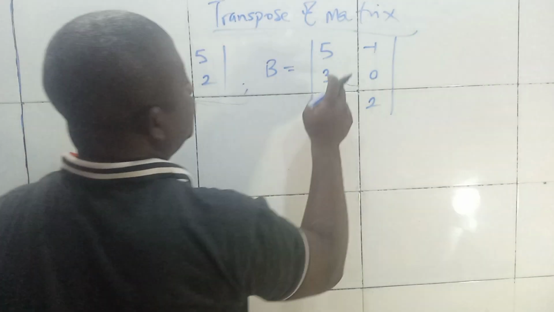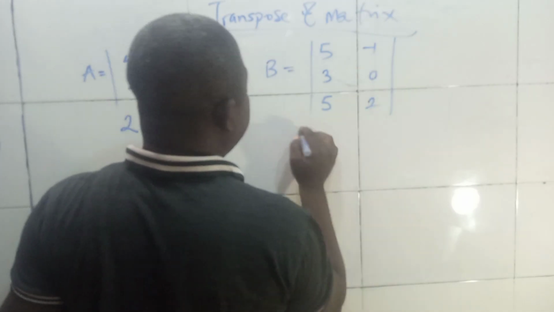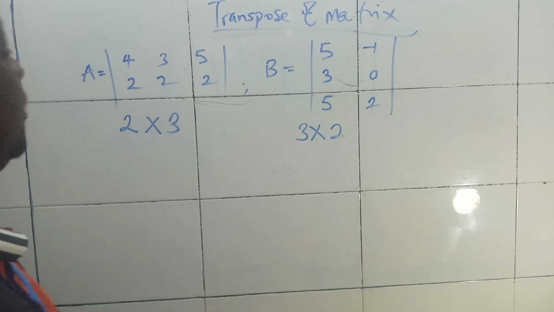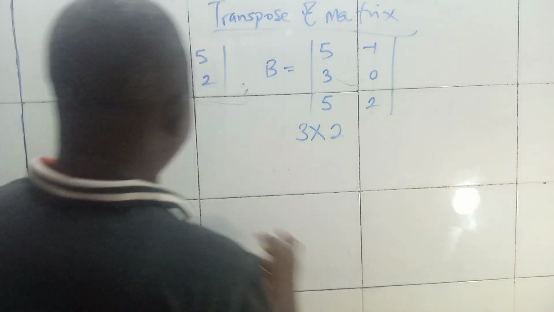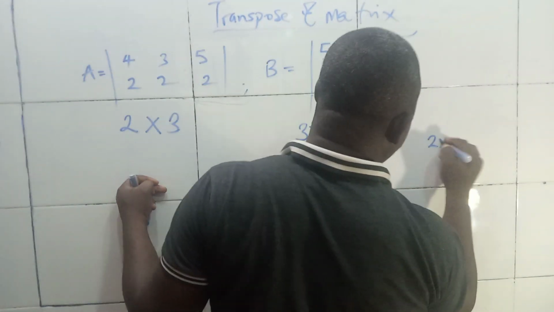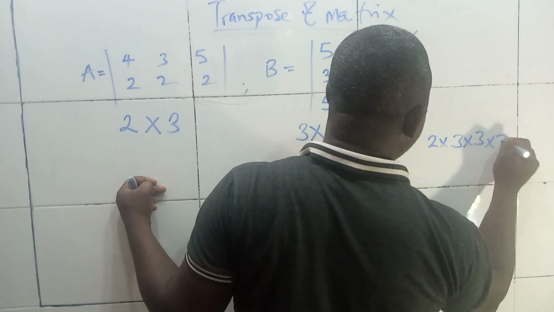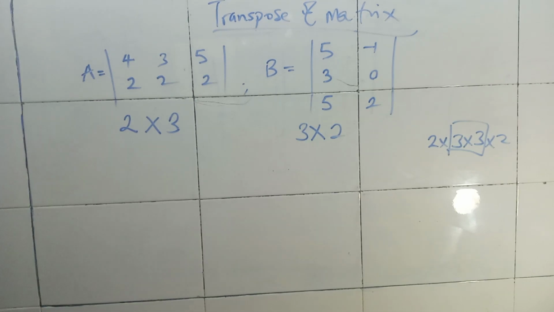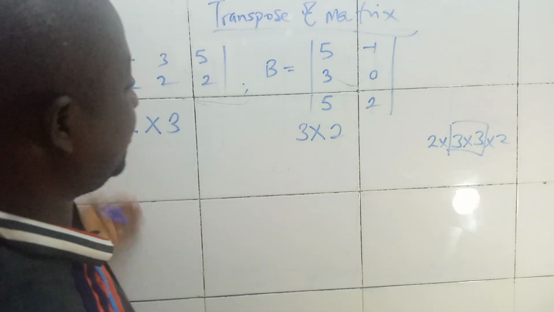You come to this one, 1, 2, 3. This is 3 rows by 2. Are they similar? Yes. So it can be multiplied or it can be added.